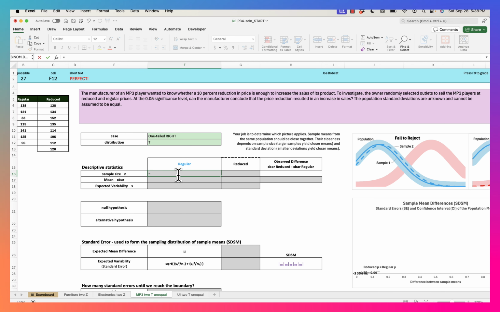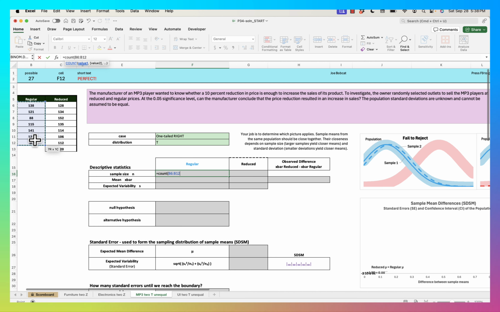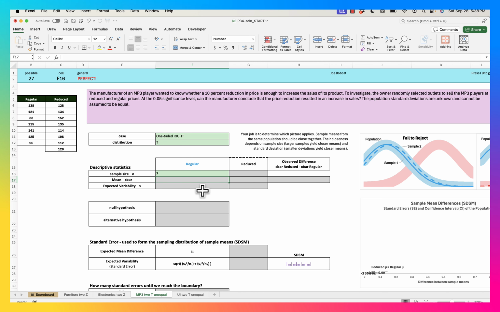Let's get our sample size. And our averages.